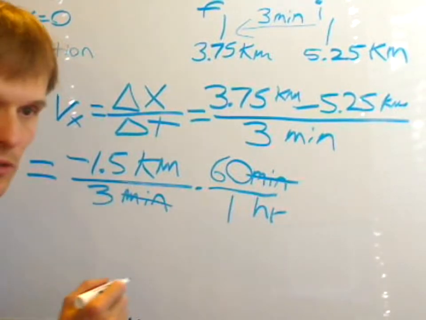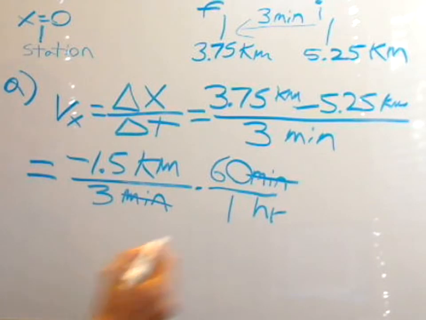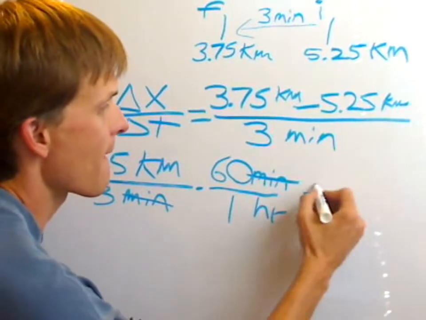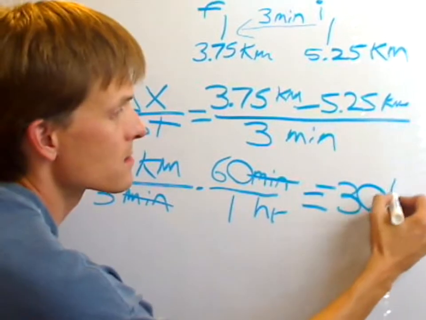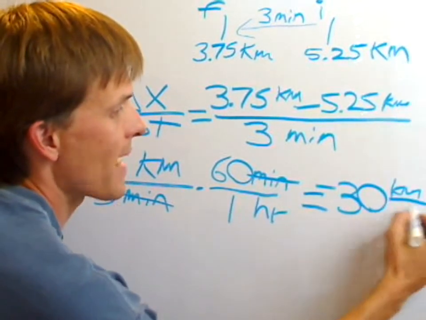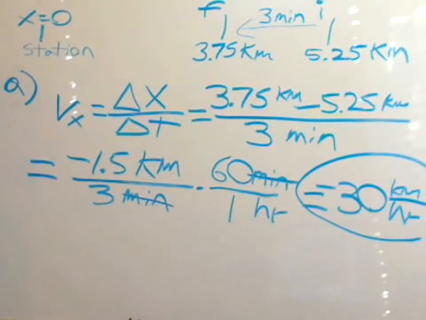So we do this little multiplication right here, and when you do that, you get negative 30 kilometers per hour. So there's our answer, negative 30 kilometers per hour for the first part.